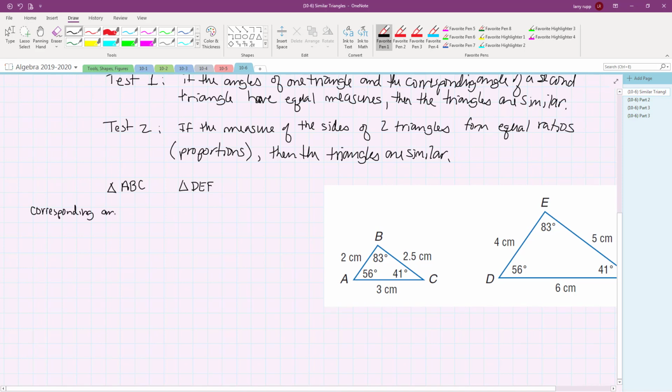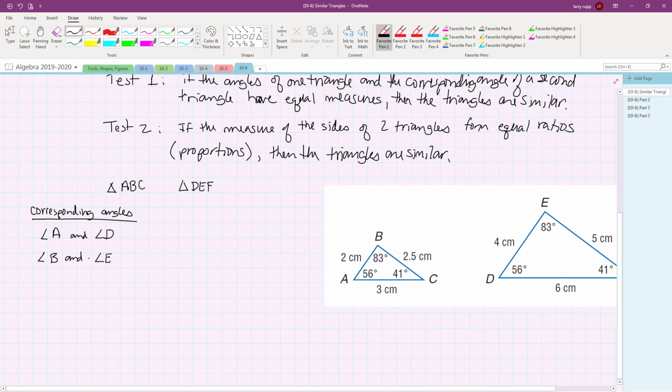Corresponding angles are basically what I just read off. This is the symbol for angle, so angle A and angle D are corresponding. Angle B and angle E are corresponding. Now, why are these corresponding?